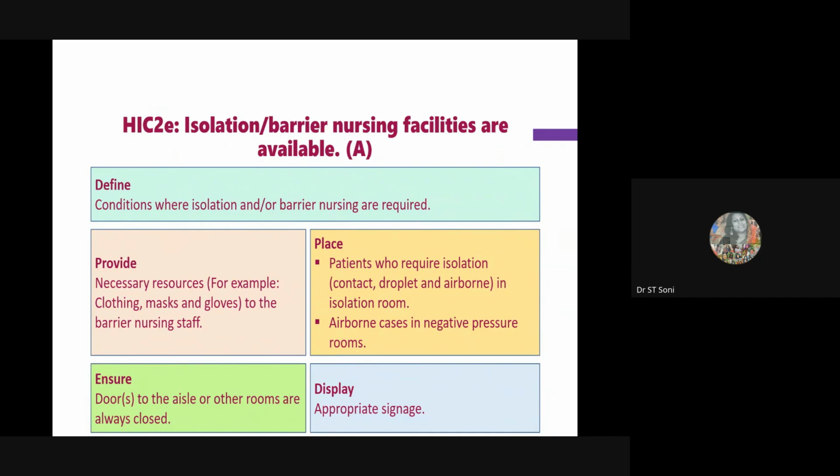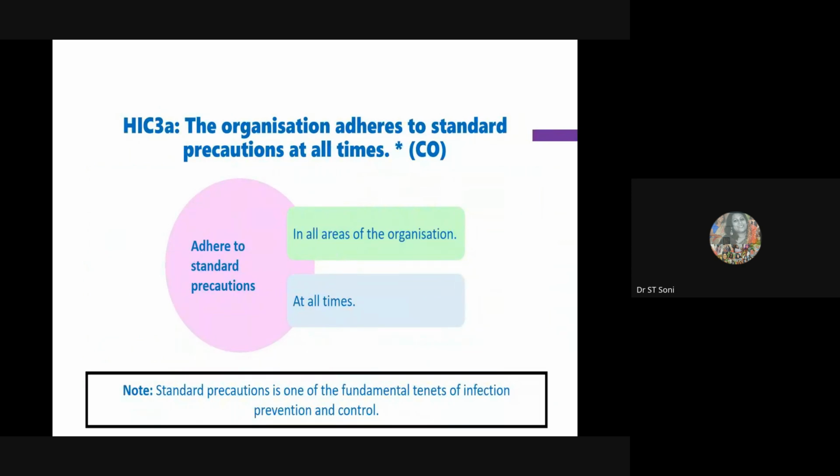The reverse barrier is something wherein your patient is immunocompromised, like a bone marrow transplant or other transplant patient. Therein you wear the entire PPE, and they are in positive pressure rooms, and you go into those rooms wearing the PPE to save those patients rather than to save yourself, because they are a more vulnerable category of patient.